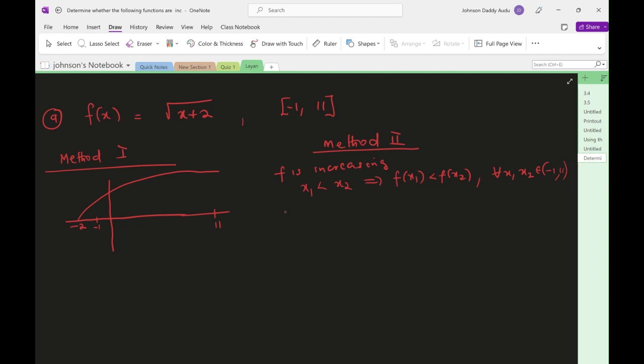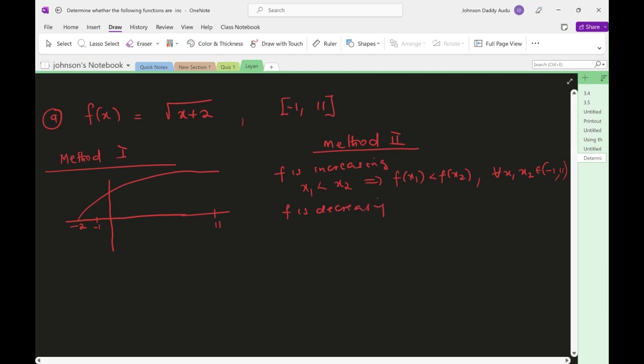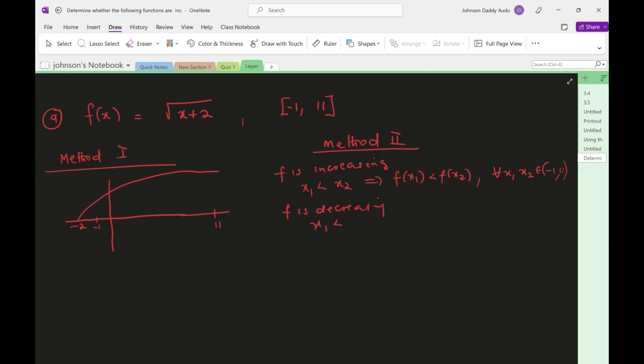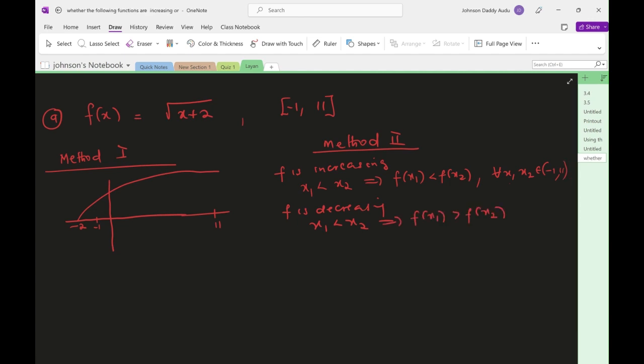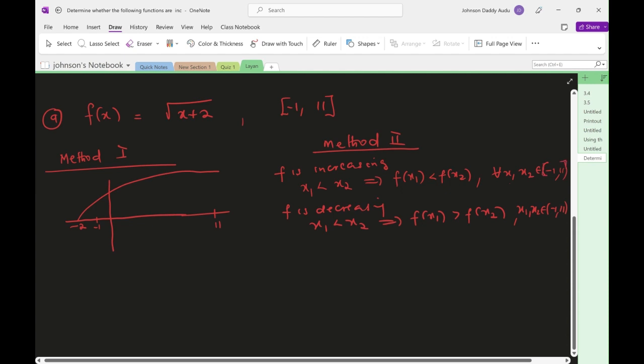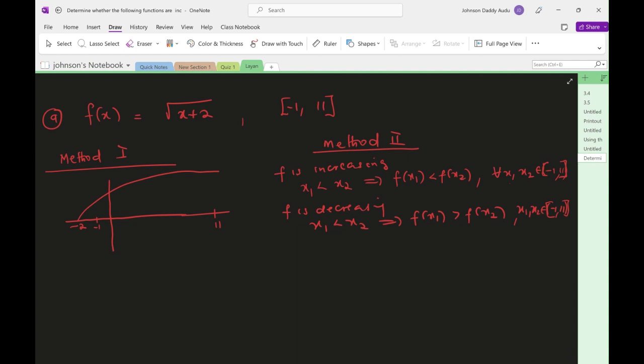Then we say f is decreasing if you take x1 less than x2, it implies that f of x1 is greater than f of x2. Also, your x1, x2 must come from the same interval. You can use an open interval, it's fine, or a closed interval.